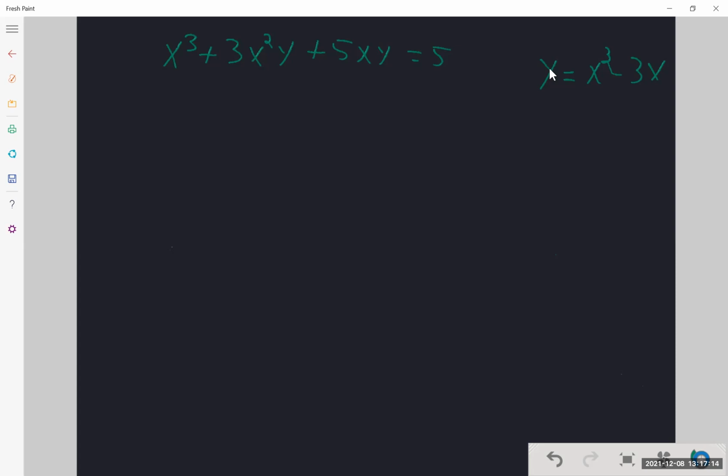So here's what you do. You take the derivative of each term, and when there's a term with a y in it, you need to tack on a dy dx or a y prime. Because if I'm taking the derivative of just this one, y prime would be 3x squared minus 3, in terms of x.